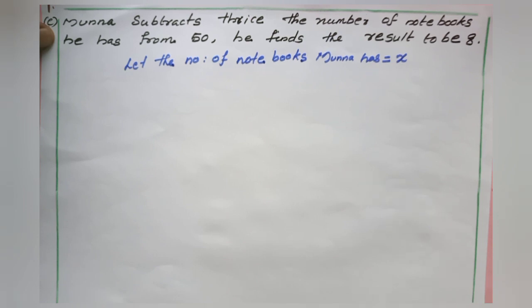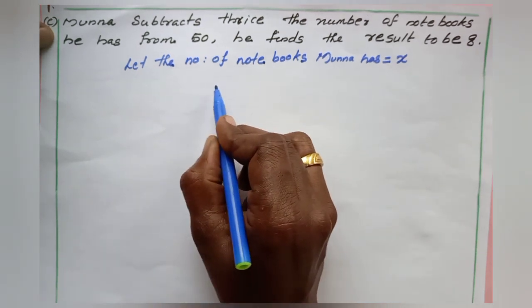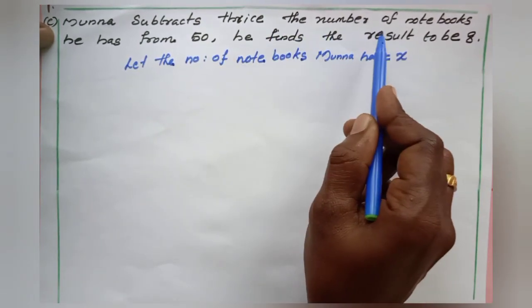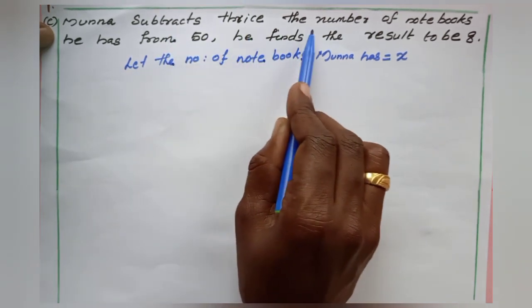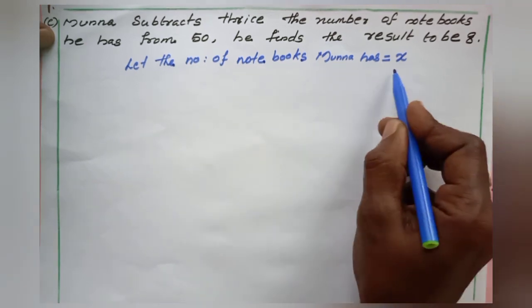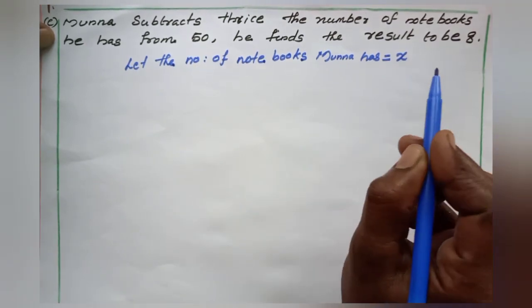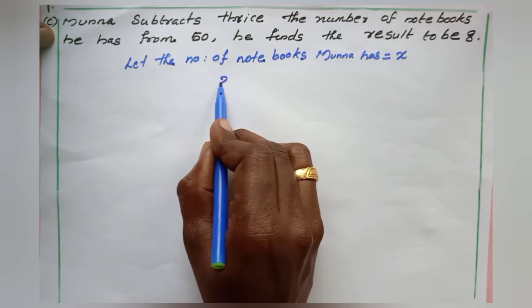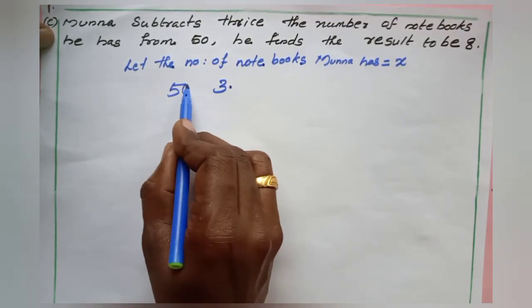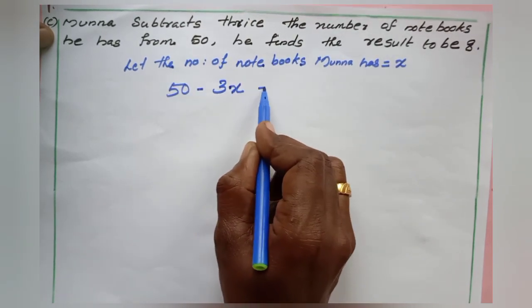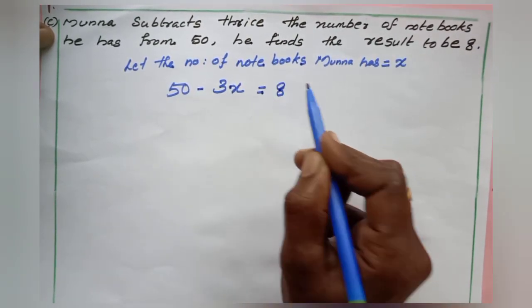Then on subtracting thrice the number of notebooks from 50, he gets 8. Thrice the number is 3 into x. Subtract from 50, so the equation is 50 minus 3x equal to 8.